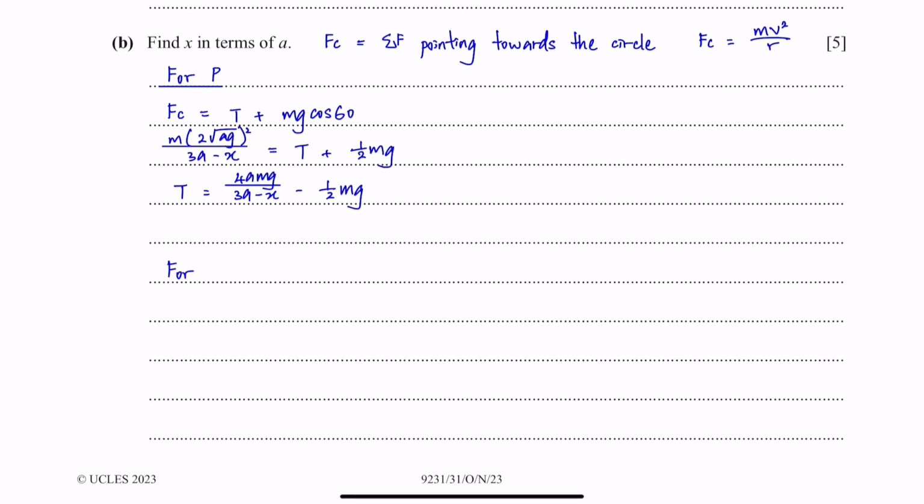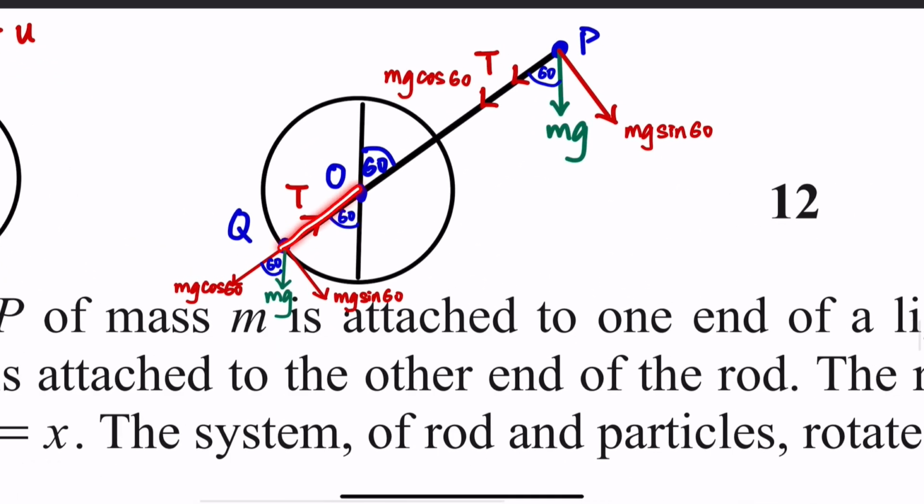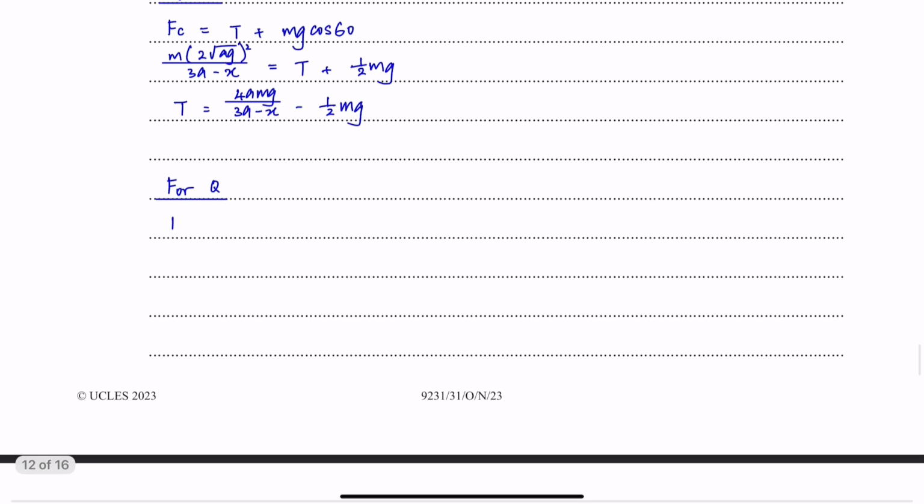So for Q, this would be our centripetal force. So it would be T minus mg cos 60. So the centripetal force is T minus mg cos 60, and mass is m.